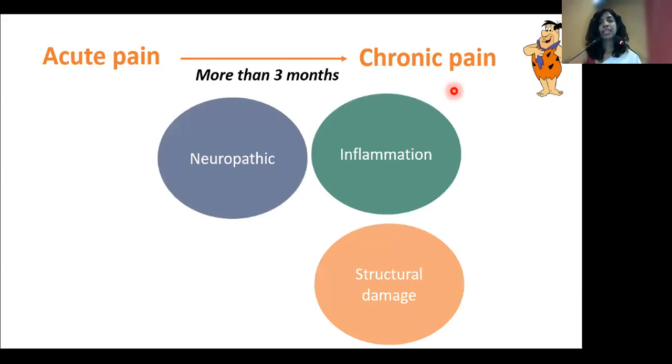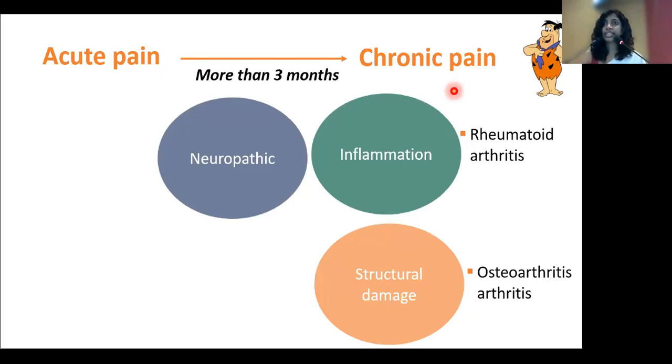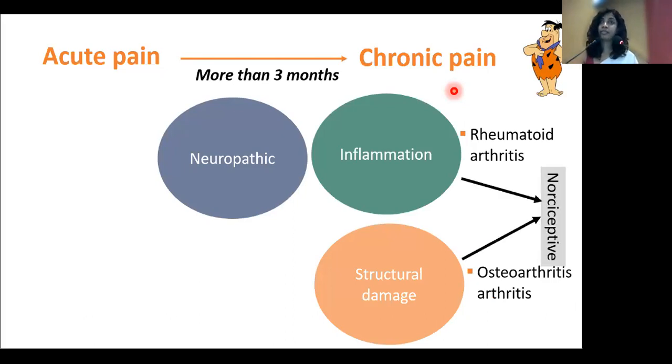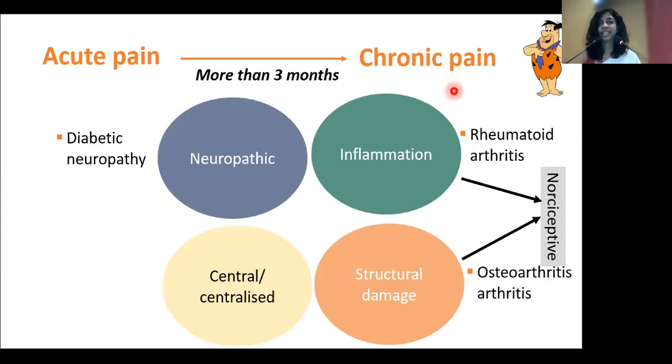And traditionally, we have categorized them as either inflammatory or due to structural damage, like in rheumatoid arthritis or osteoarthritis, and this is what we call nociceptive pain, and neuropathic, what we all know about in diabetic neuropathy, radiculopathies, and anything that we can't explain by these mechanisms, we have traditionally thought that it's centralized pain.